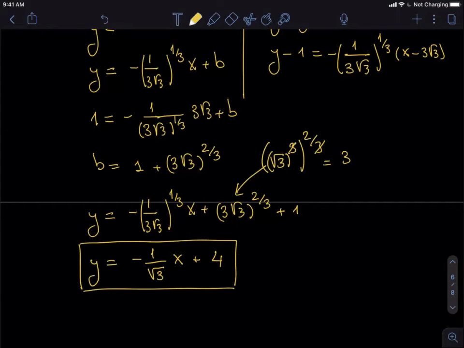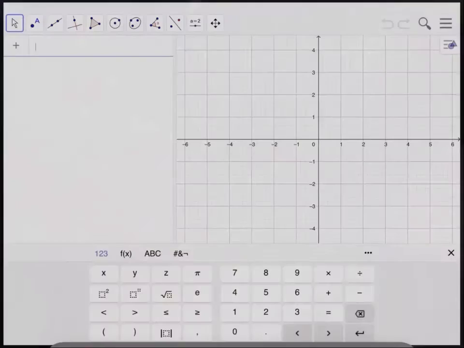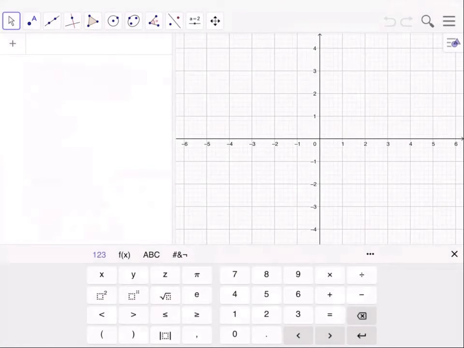Okay. One thing we can do, let's plot it, see how this curve looks. This app is GeoGebra.